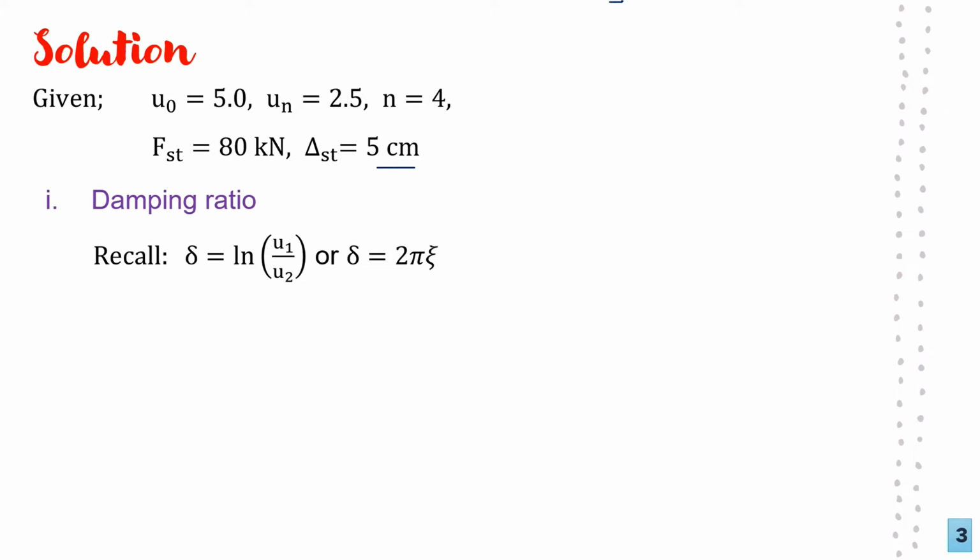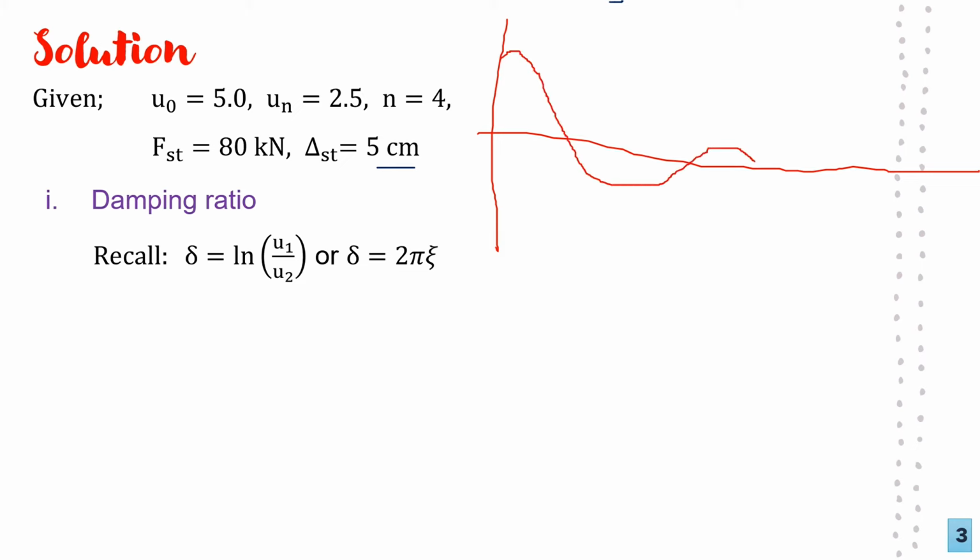So we have our motion. Let's say it starts like that, then it goes on decreasing. We said this decline is logarithmic, it is exponential in nature. And so the amplitude, the first amplitude, you can call it U0 or U1, continues decreasing because of damping.